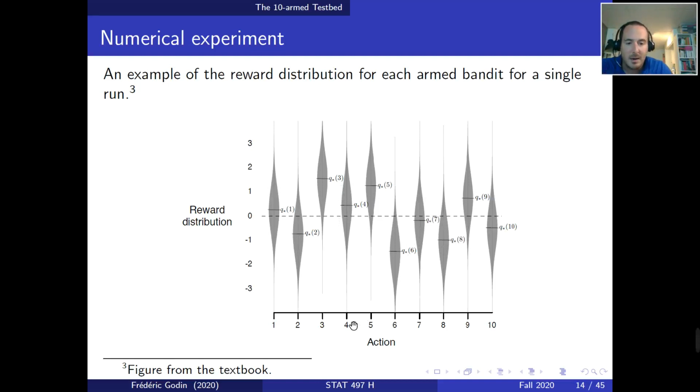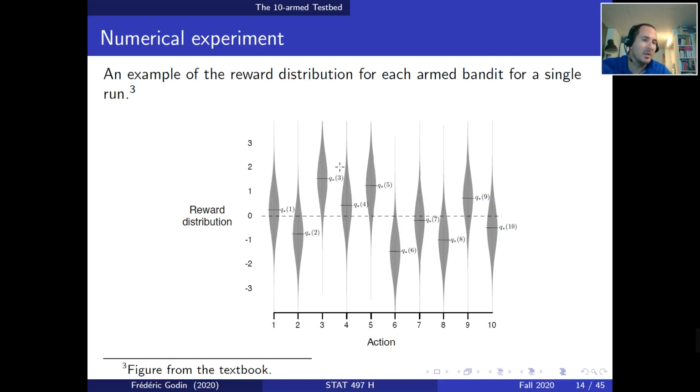Let's say you sample from lever 4 at some point in the run, then your reward will be normal with mean Q star 4 and standard deviation 1. You can see here the distribution of the reward from lever 4, and this distribution is provided for all levers. In that case, the optimal lever or bandit would be the third one.